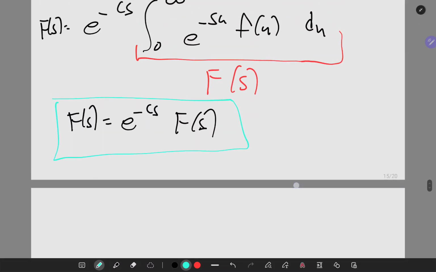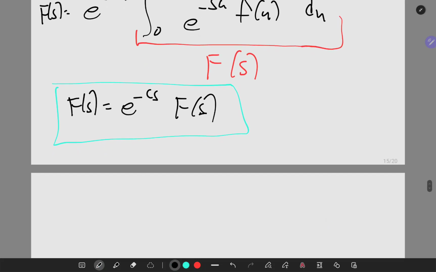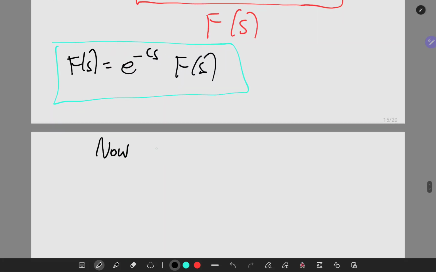Now, what if I wanted to go from this and do the inverse Laplace and go back to... now I want to go back. Now, let's do this.